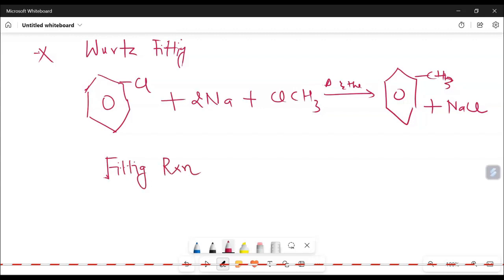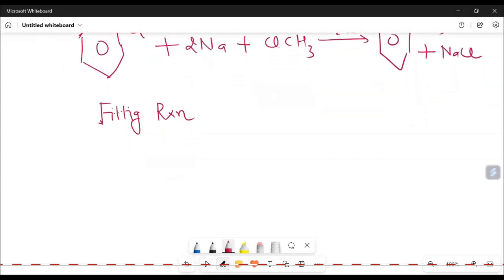The next reaction is Fittig reaction only. In the Fittig reaction, we have to take 2 moles of any halo compound. Suppose you have this X, right?